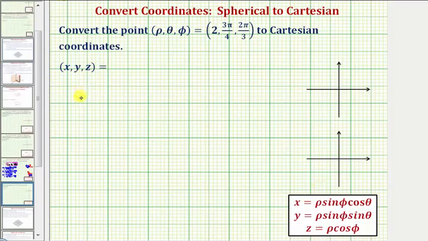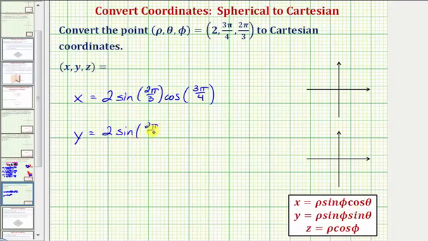So we'll find the Cartesian coordinates using our formulas provided here. x is equal to ρ times sine φ times cosine θ, which should be 2 times sine 2π/3 times cosine 3π/4. And then y is equal to ρ times sine φ times sine θ, which would be 2 times sine 2π/3 times sine 3π/4.